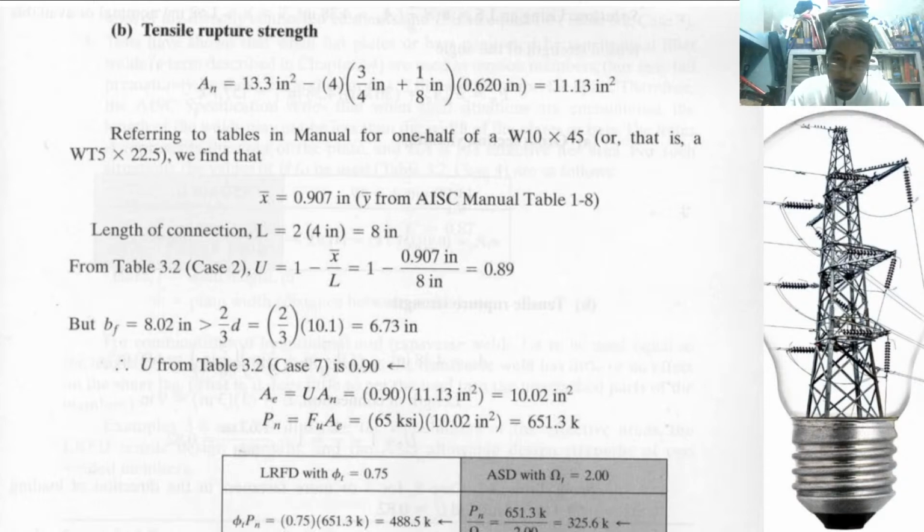683 kips. And if you multiply by 0.75 for LRFD. Sir, that is 0.9.